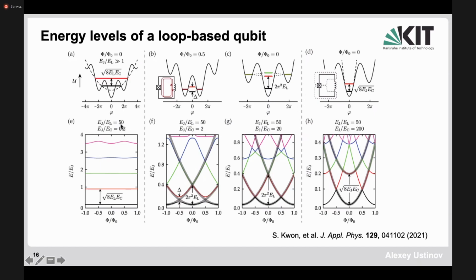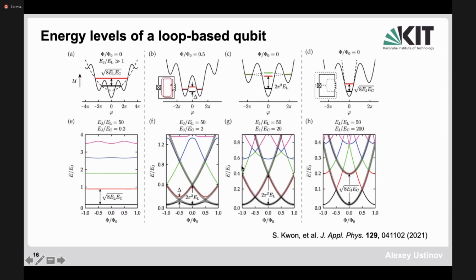Here you see that this A, B, C, and D correspond to different ratios of the energies. And one has to watch here not only the ratio of the Josephson energy to the charging energy, which we already discussed for transmons, but also the ratio of the Josephson energy to the inductive energy.